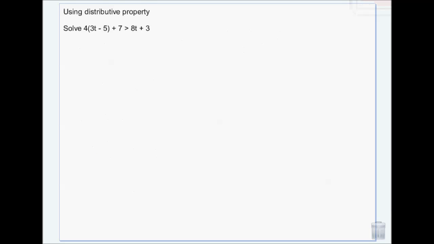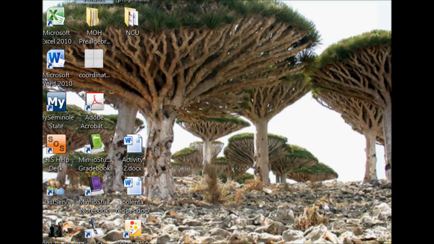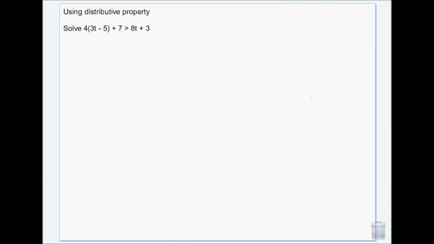Using the distributive property. So anytime you see a situation like this, you're going to distribute first. Okay. So I'm just going to rewrite this so that there's more room.